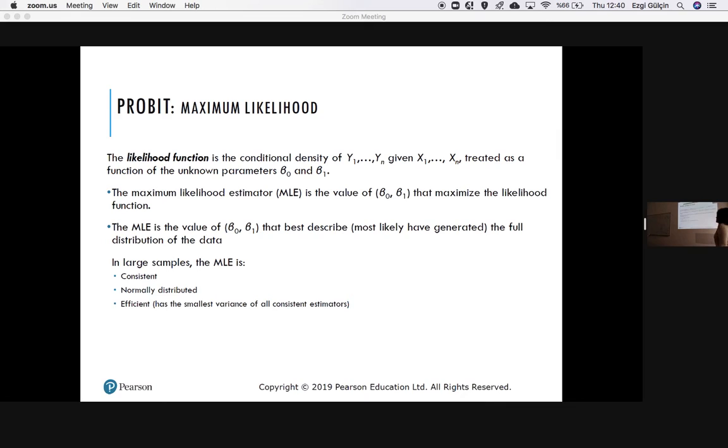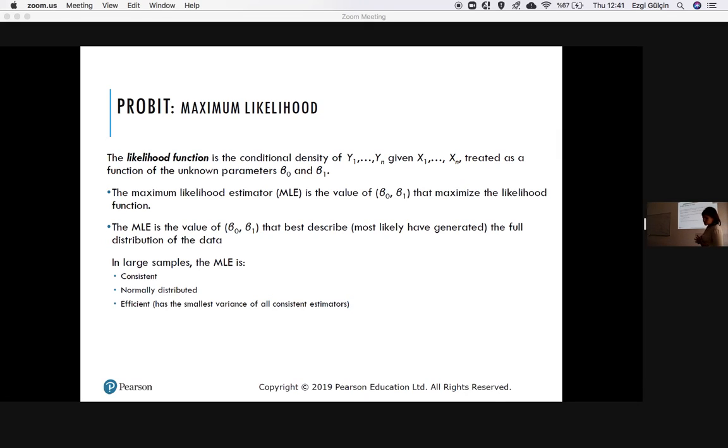This joint density function, when y depends on x, is a conditional density function, and is a function of the unknown parameters beta 0 and beta 1. Our aim is to estimate beta 0 and beta 1 maximizing this joint density function of all the y's, of all our data, with n being the number of entities that we have. So we are maximizing the probability of observing our data given the regressors.